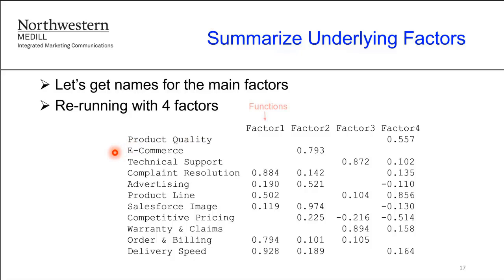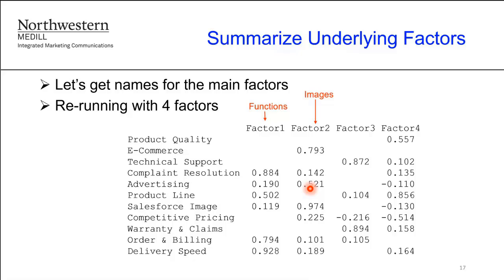What we can do here is name those factors using these factor loading values. For factor 1, which variables have high values? Complaint resolution, the product line maybe, order and billing, delivery speed, so we name it functions. For factor 2, e-commerce, sales force image, and advertising have high values, so we name it images.